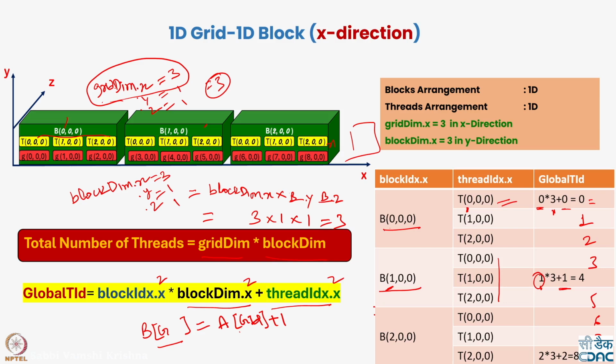Similarly, in the next part I will discuss how to calculate the global thread ID in multiple directions and what the challenges are. This means grids may be arranged in one dimension, but blocks are in multiple directions.